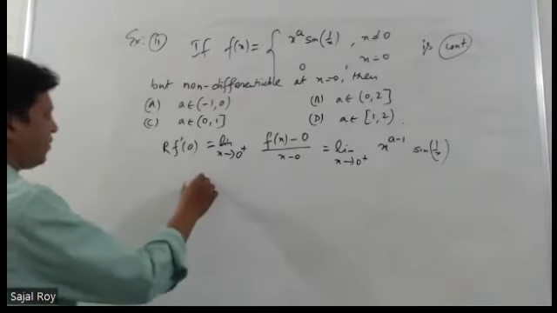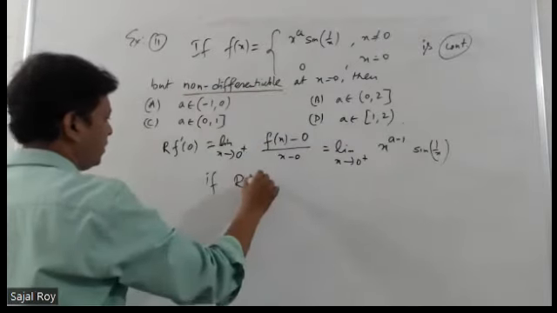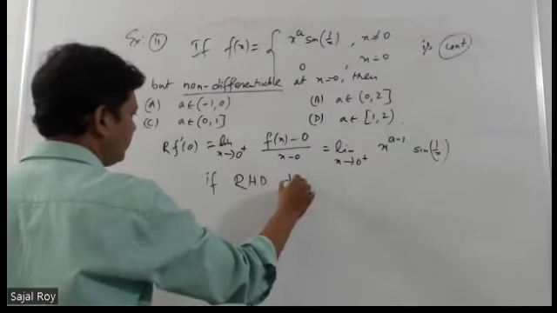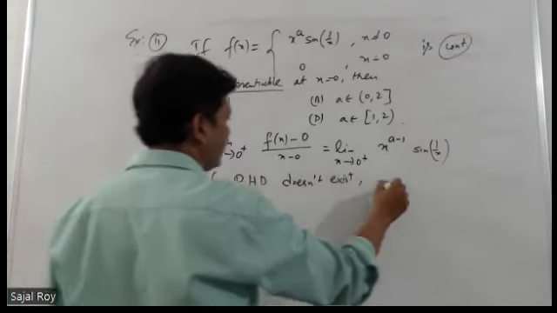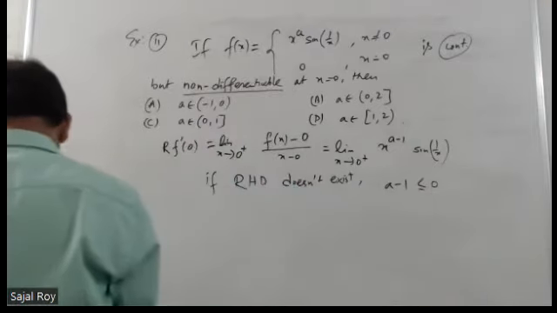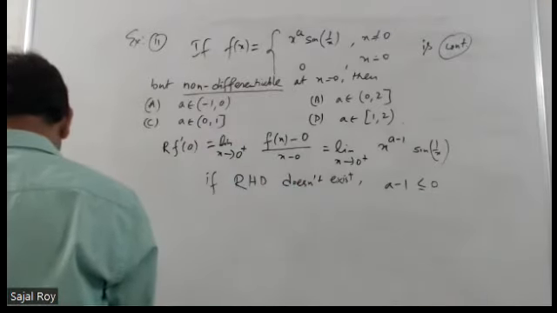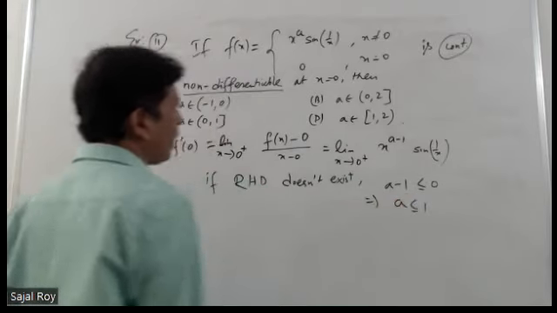If the right hand derivative doesn't exist, because it's talking about non-differentiability, then a minus 1 must be less than or equal to 0. That is a less than or equal to 1.